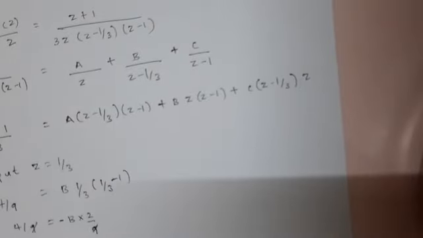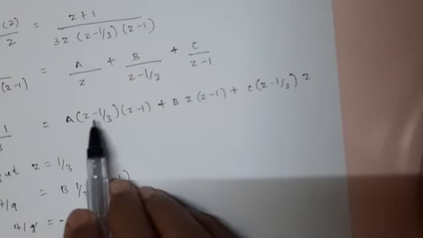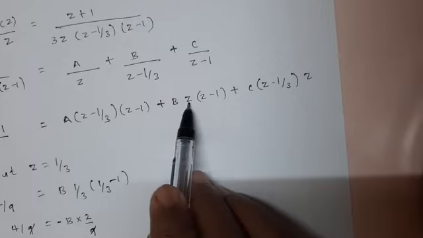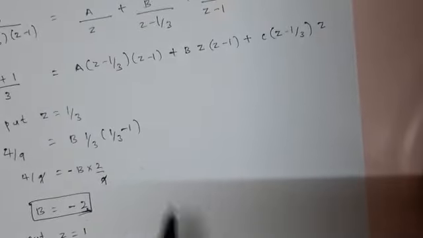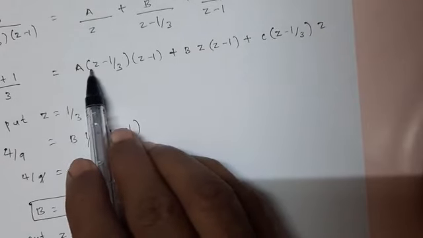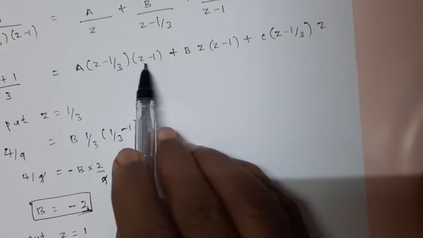which is equal to, you check out here, z equal to 0, you can get some values. With z equal to 0, this whole term gets 0; z equal to 1, this term gets 0. So you are left only with substituting 0 here, a into minus 1 by 3 and here minus 1.